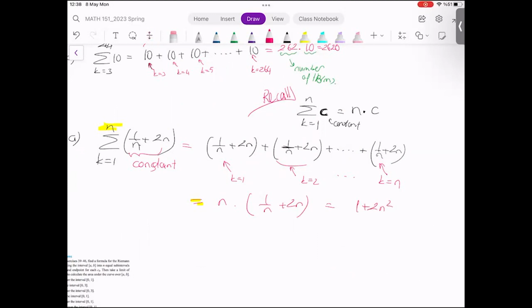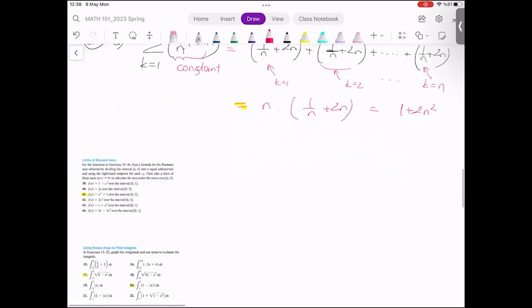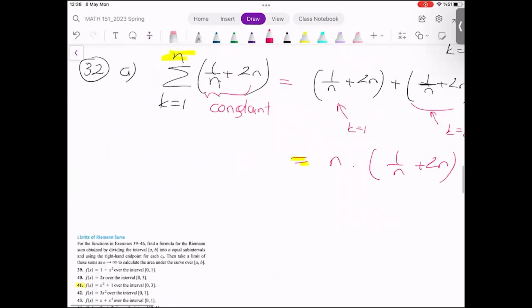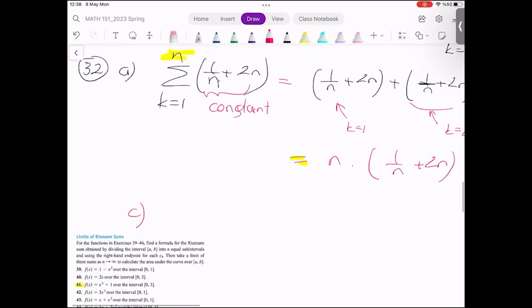Okay. And before the break, I think we can solve part C of 32, which is this one. It is the sum for k from 1 to n of k over n squared. So what do we have here? 1 over n squared is just a constant that doesn't depend on k, right? So you can just take it out.